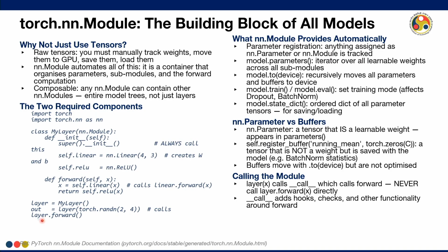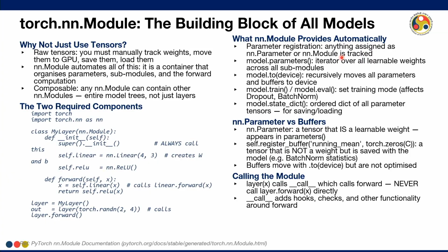So this is where we are defining these neural networks, right? This is the basic template of defining any neural network. Now, what this nn.Module provides automatically, as I said, is that there are many things happening in the backend, right?